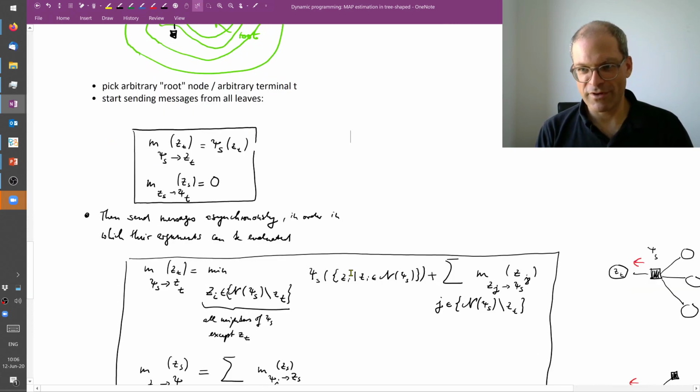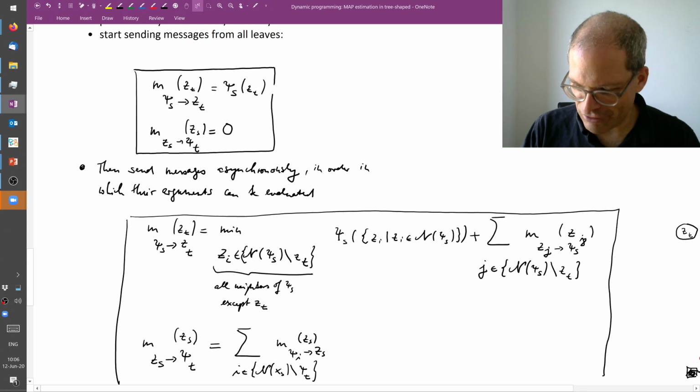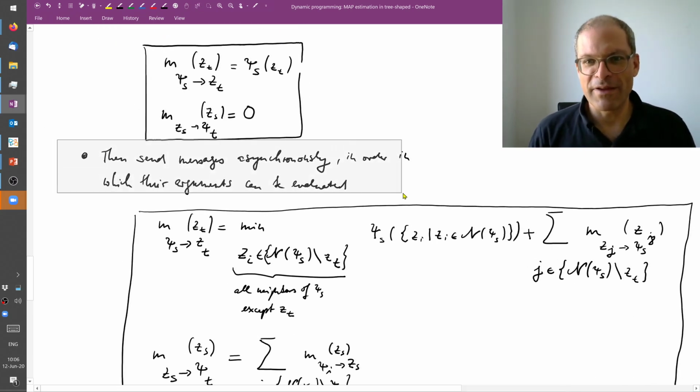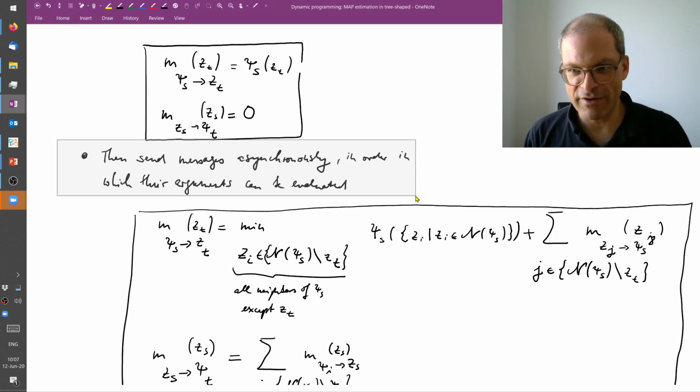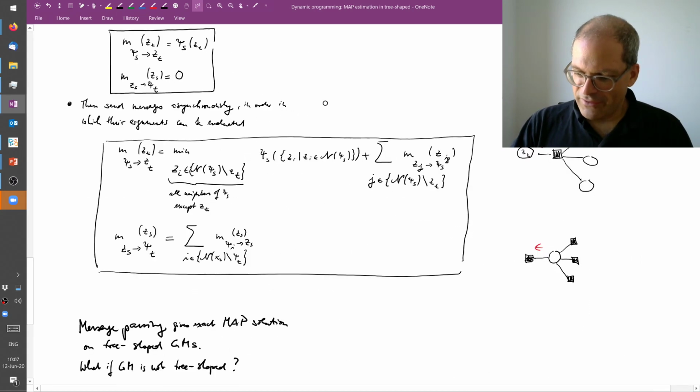And now comes, I've copied this from old lecture slides when I had not yet tried so hard with my handwriting, so I'm going to read this to you. And then send messages asynchronously in the order in which their arguments can be evaluated. So, what does that mean?